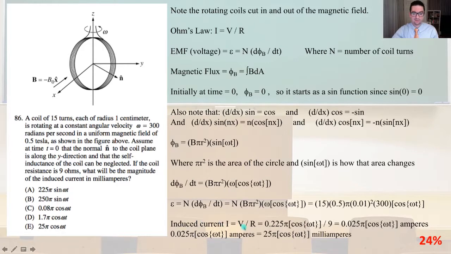And the induced current I equals V over R equals 0.225 pi cosine WT divided by 9, equals 0.025 pi times cosine WT amperes, equals 25 pi cosine WT milliamperes. And so that is answer E.